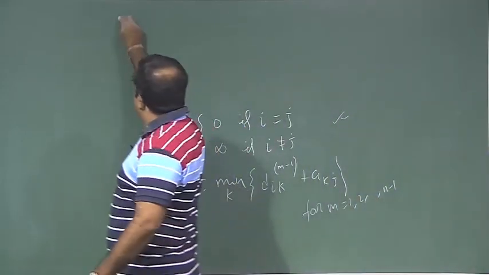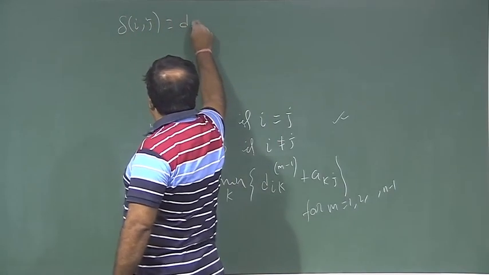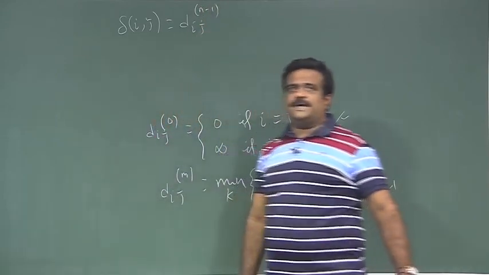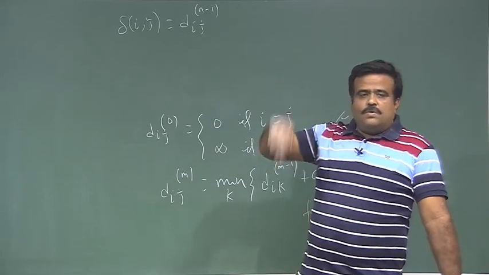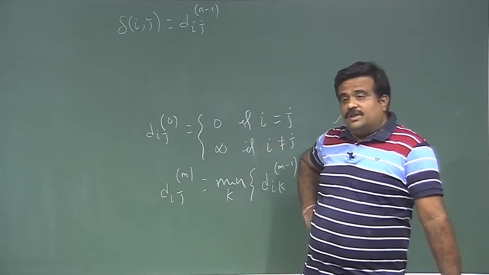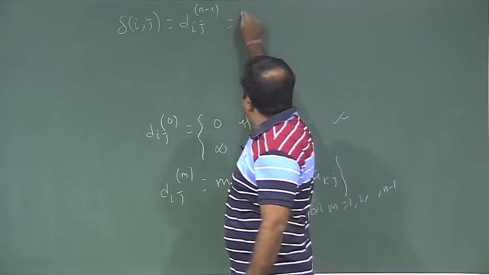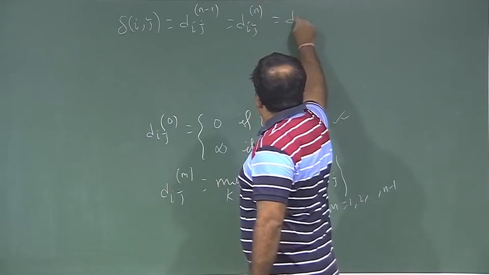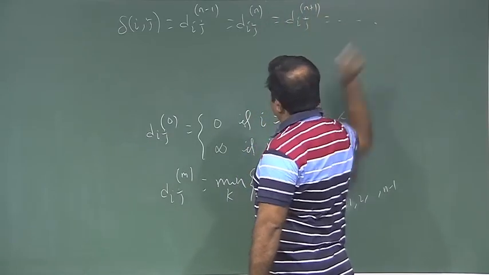In that case, delta of ij is basically Dij^(n-1), because if there is no negative cycle, then the shortest path will be a simple path. So we have at most n minus 1 edges in a path, which is basically convergence. This will be delta of ij equal to Dij^n, Dij^(n+1), and so on.